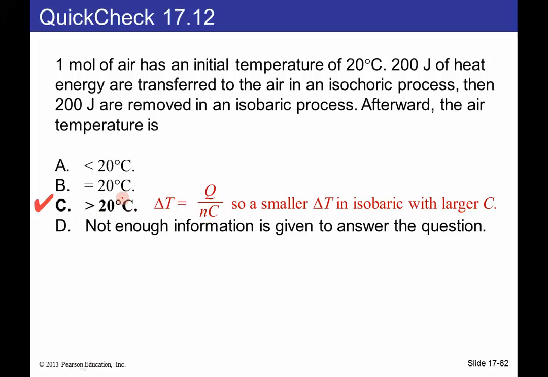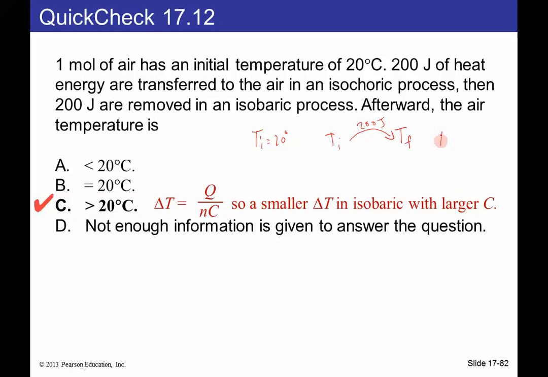Why? Well, you have an initial temperature, which is 20 degrees. So you're going to take your system from Ti to a final Tf. Here you add 200 joules of heat in an isochoric process, so all that heat goes into the thermal energy.